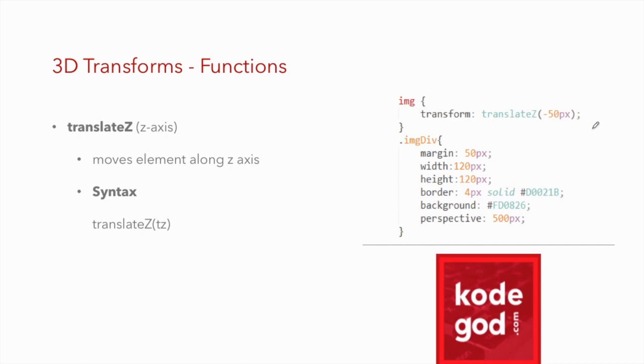Here I have specified the value as -50, so that is why it gives us the illusion that it has moved back a certain layer. If you specify the value as 50px, it would have shown something like this. It would have come a little nearer to the user, or on the upper layers like this. So the translation really depends on what values you specify.